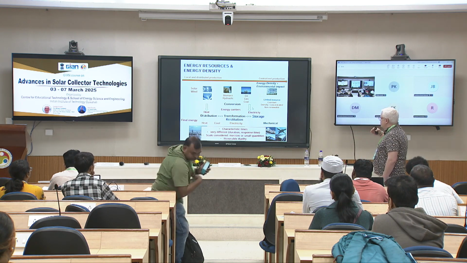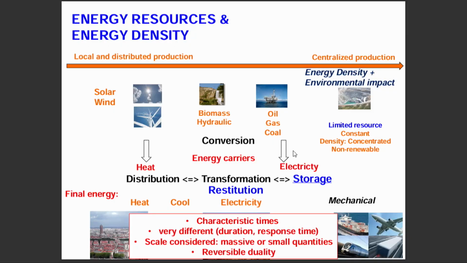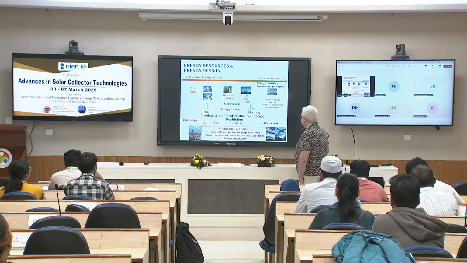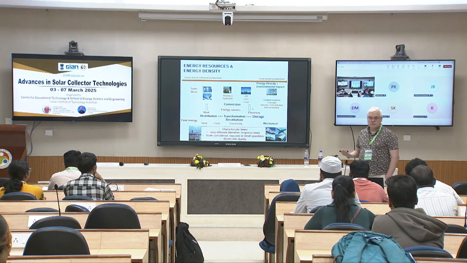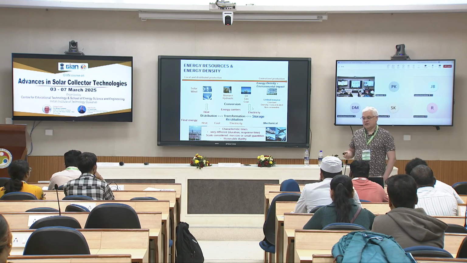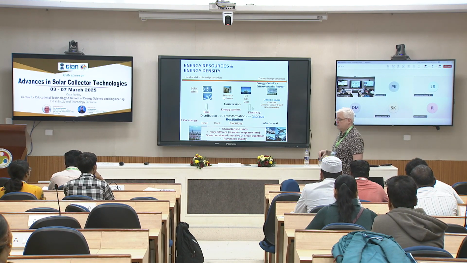Then, from this resource, we need heat and electricity, and once we have produced this energy, we need to transform, distribute, store, and restitute it. An issue for solar energy is being able to convert.